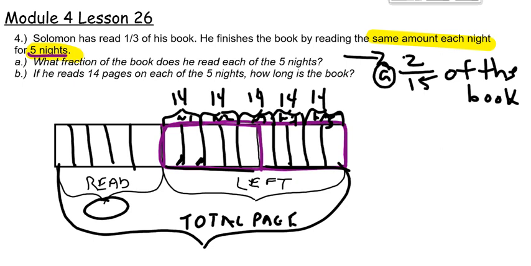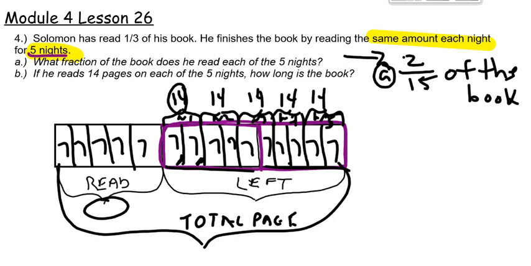All right, so if I looked at this, there's 2 units for that 14. So 7 and 7, 7 and 7, 7 and 7, 7 and 7, 7 and 7, but also these units are also 7s. All the units were broken into the same size pieces.